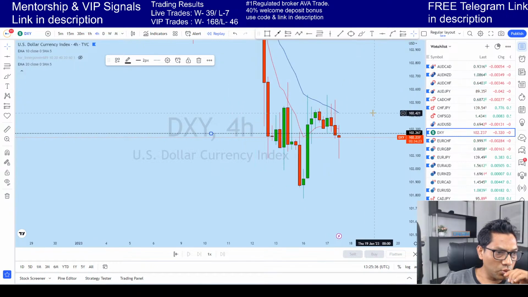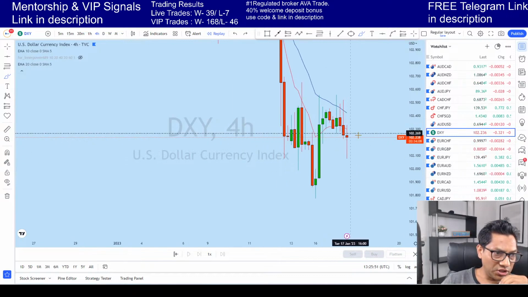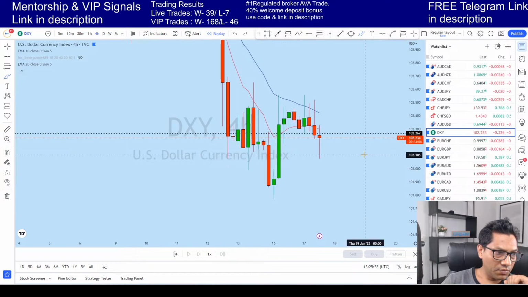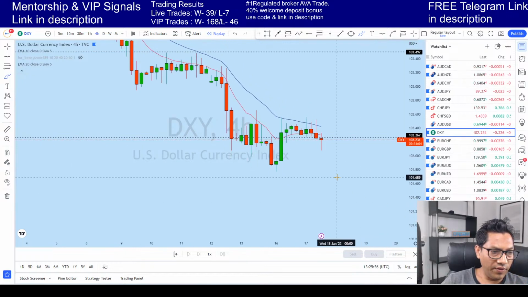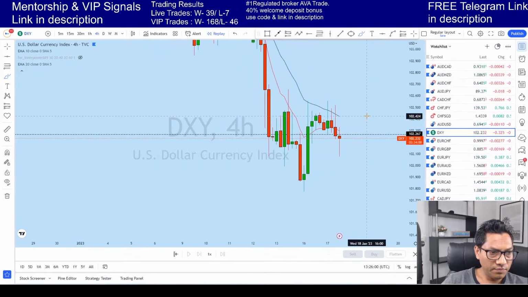So looking at DXY, we have seen in the previous session there was a bearish engulfer on DXY. This session we have seen further drop. So weakness in dollar could lead to strengthening in Nasdaq, but the way this price action is forming on DXY is not very strongly bearish. You see how the price action is forming.